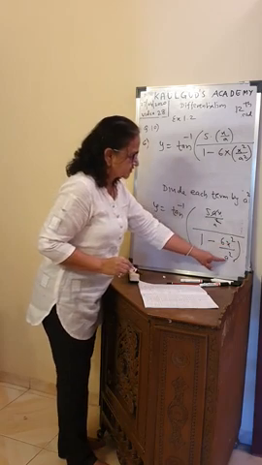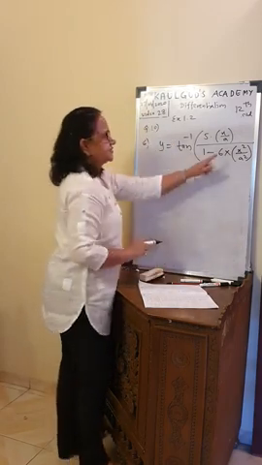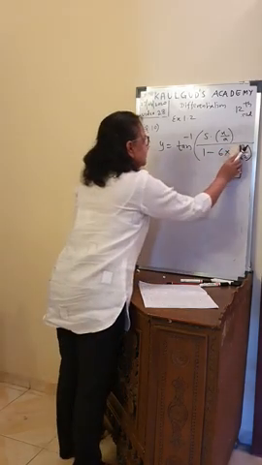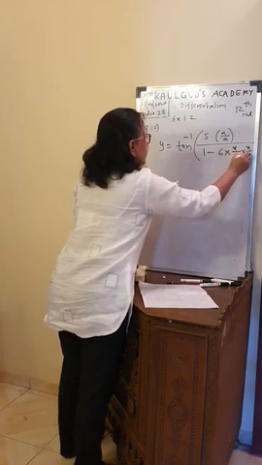Now in your notebook, x square upon a square, how can you write? x upon a into x upon a. So write the next step in the notebook as 6 into x upon a into x upon a.